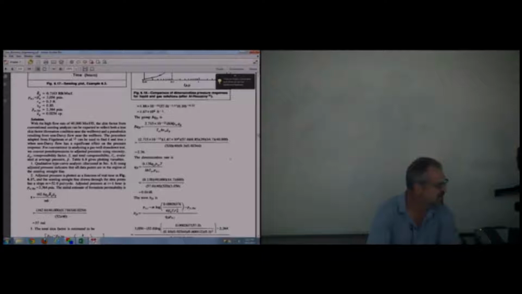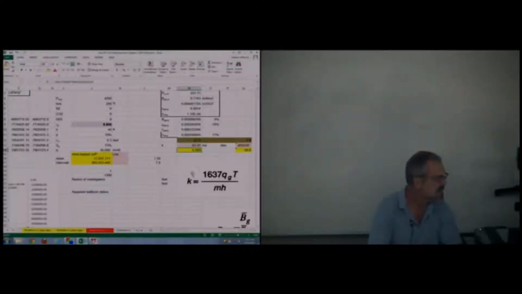They have 57 millidarcies. Okay, I've got this backwards. I'm going to highlight this yellow, and take off this highlighting here. And they got 57. I got a slightly different number, not too much different. 63 versus 57.